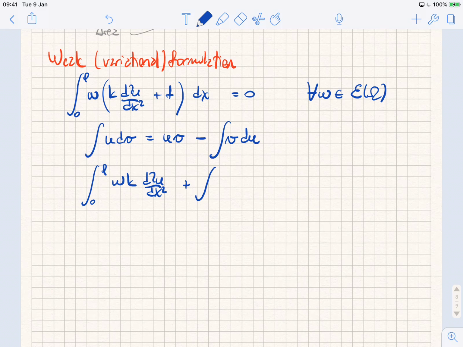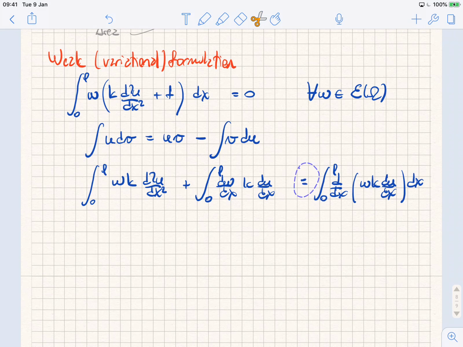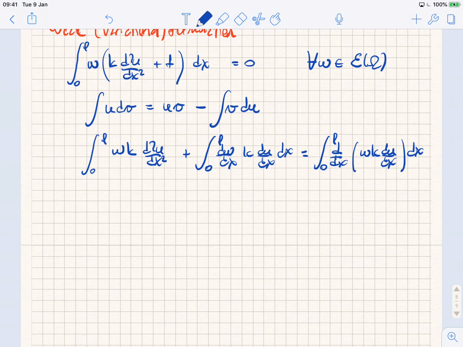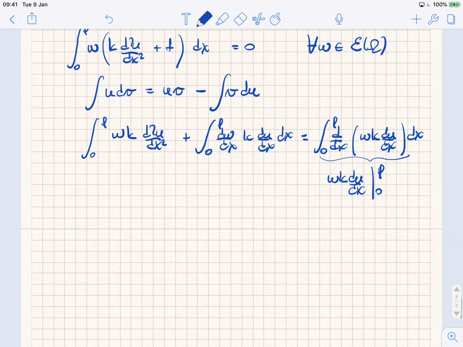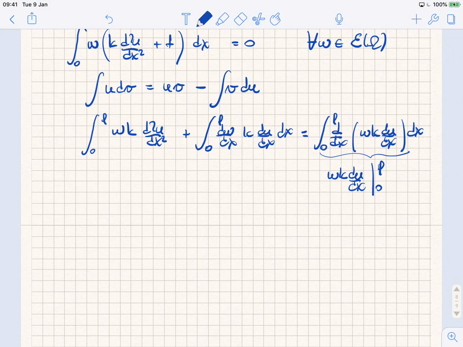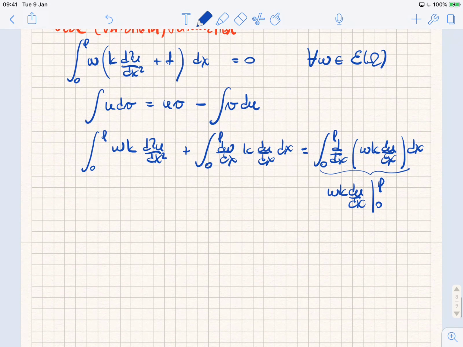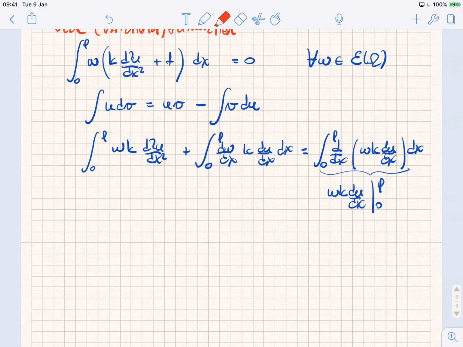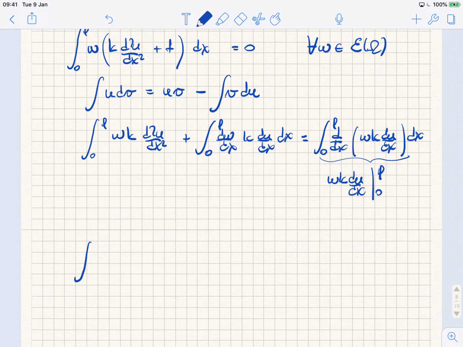Let me remember, here dw dx, du dx is equal to... this is another way to write integration by parts, and of course what we have here is just this whole expression that needs to be evaluated at 0 and at L. So if we plug that back in, I'm going to do some rearrangement of terms, because here we're interested in that term which is showing up here.